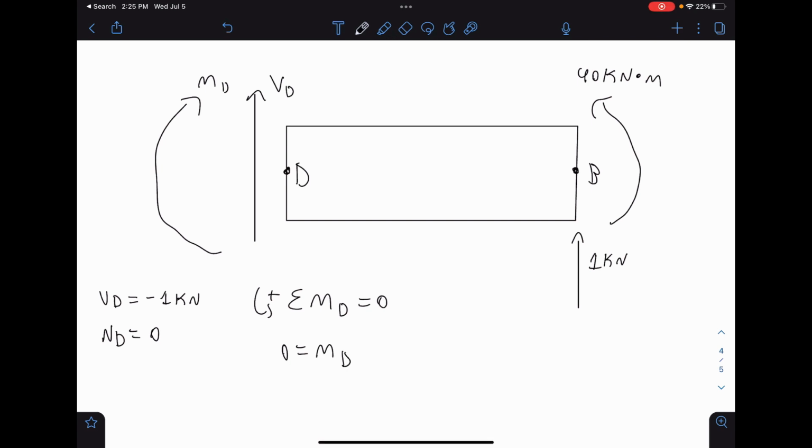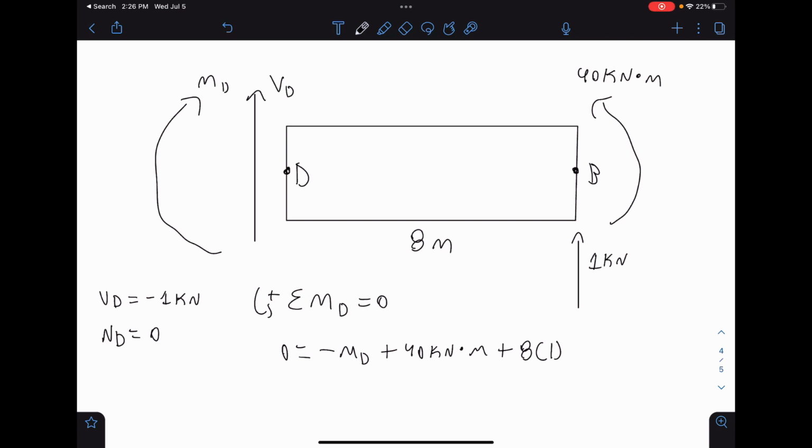And that's negative, because we are going, what I call, against the grain, we're going clockwise, so negative MD. Then we have a moment going counterclockwise at the end, B, so we add that on, plus 40 kilonewtons times meters, and then we have our moment created by our point force at B, which is 1 kilonewton, and let's remember this beam is 8 meters long. So that's in the positive direction, so positive 8 times 1.